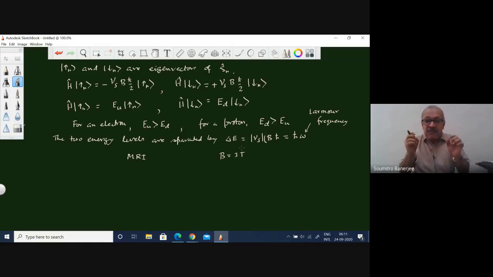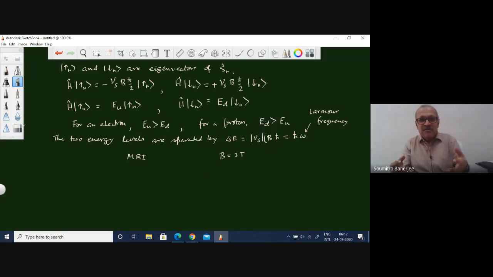And then if you apply a specific frequency radiation, which is basically a radio frequency, it is possible to excite the protons from an up state to a down state. When it's excited, it will slowly relax, and as it relaxes, it will emit the energy as electromagnetic radiation that can be observed, and by observing that, we make an image.